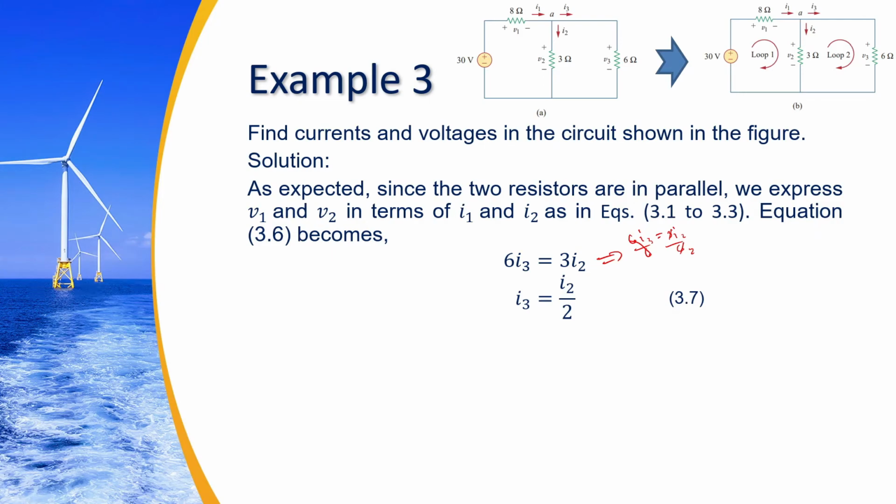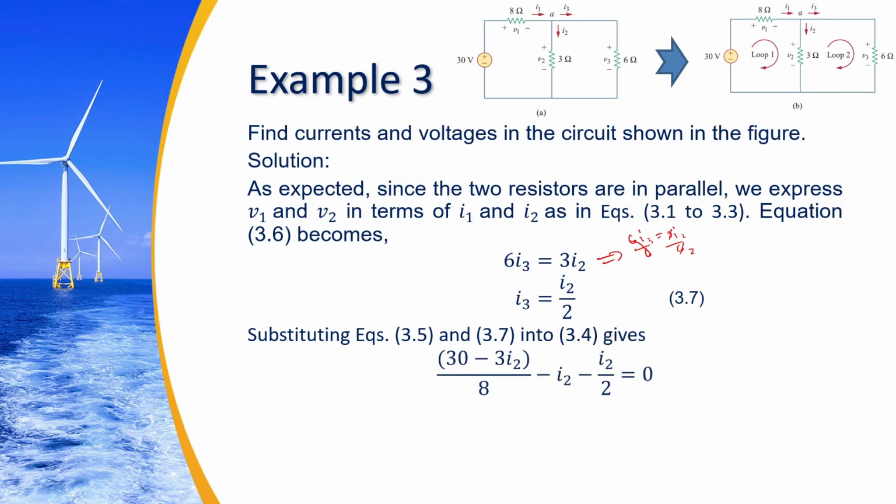Okay, so maraming mga equations na nakuha natin. So, next pa tayo. So, for substituting the equations 3.5 and 3.7 into 3.4, so makakuha tayo ng ganitong result. So, mangyari, 30 minus 3I2 over 8 minus I2 minus I2 over 2 is equal to 0.